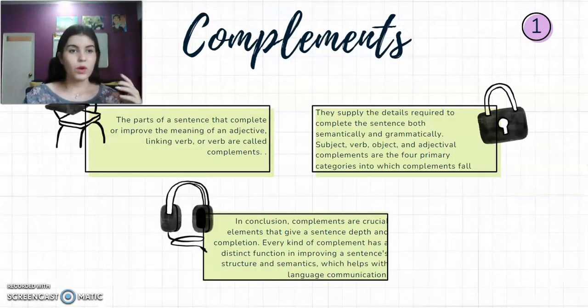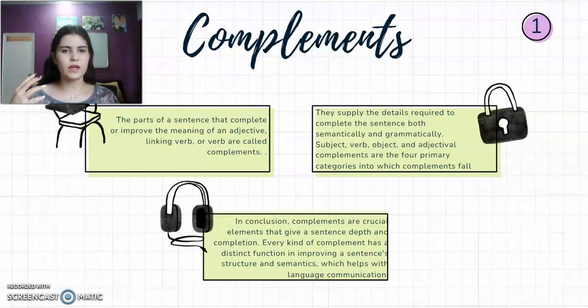So what are complements? Well, we call complements the part of the sentence that completes or improves the meaning. It could be an adjective, a linking verb, and all these things are what we call complements.